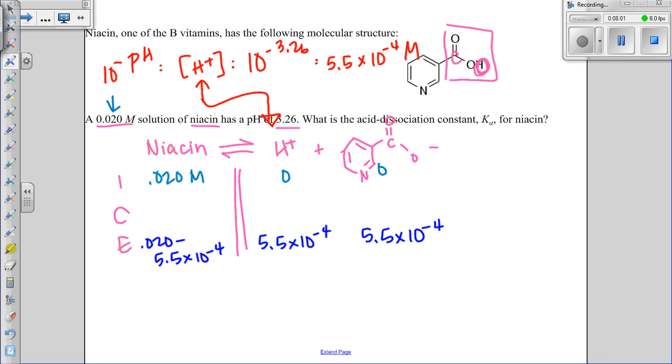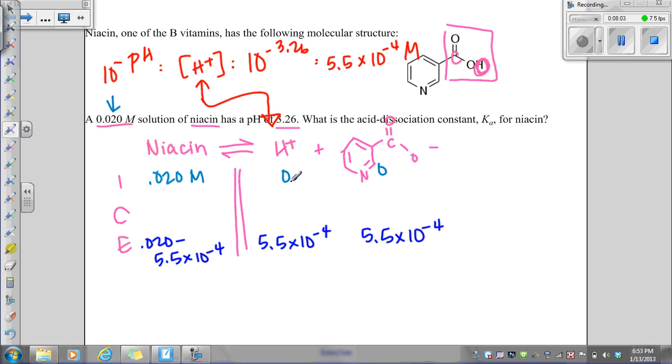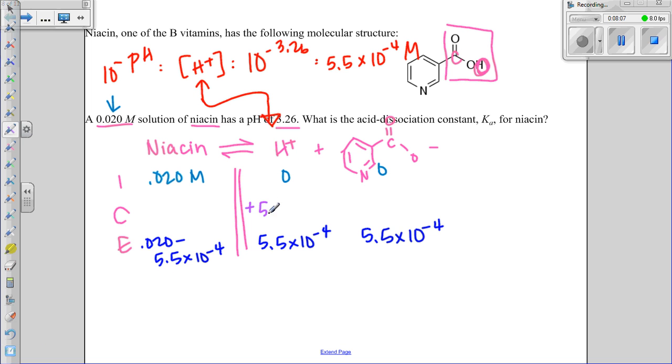Now, if you need to see the change to understand that, this is going up by 5.5 times 10 to the negative fourth. This will also go up by 5.5 times 10 to the negative fourth. The opposite side of the fence goes down by 5.5 times 10 to the negative fourth, and that's because they all have a coefficient of 1.